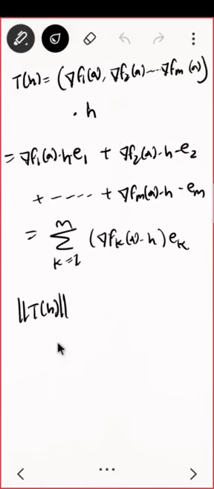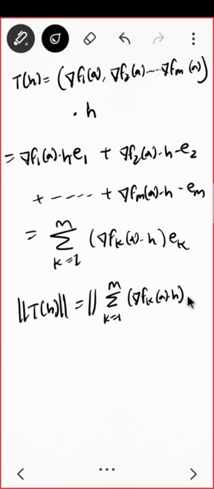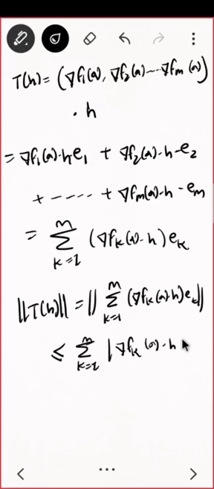Okay, so if you take the norm, this will be the norm of this whole term, that is the summation for k equal to 1 to m of del f_k of a into h e_k. What next? If I use the triangle inequality, because this is a summation, it will be the summation for k equal to 1 to m of mod of del f_k at a into h, into norm e_k.